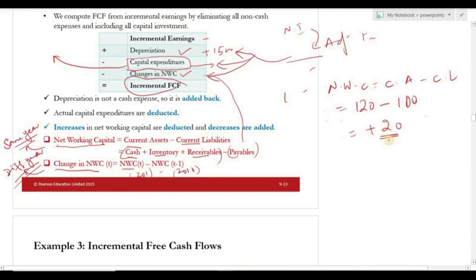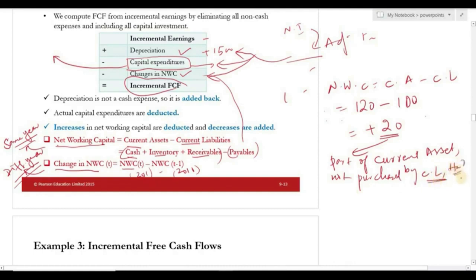So this 20 is part of current assets, right? That is the extra current assets, not purchased by current liabilities. When it is not purchased by current liabilities, then how did we buy it?